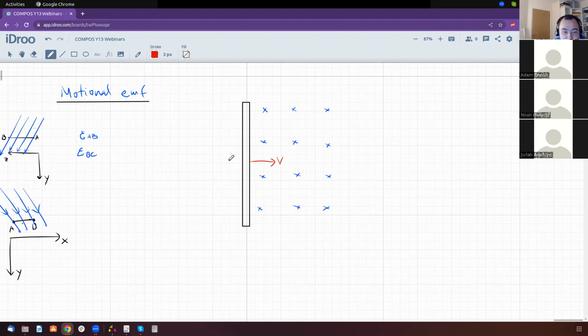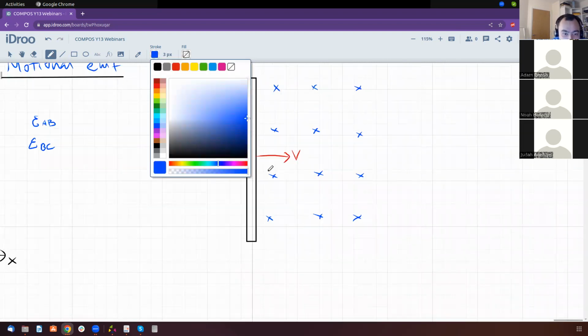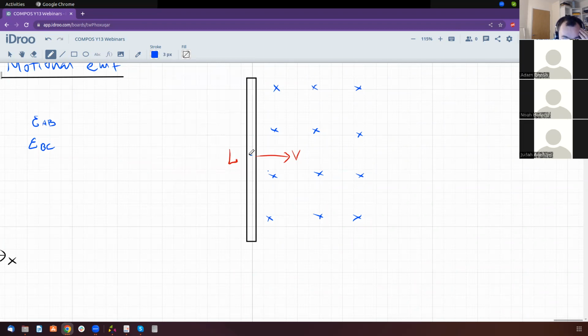And the piece of wire is of length, let's call it length L. Right. Now, wires contain free electrons. So let's consider a free electron inside the wire.